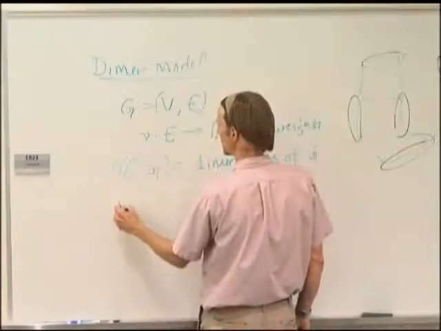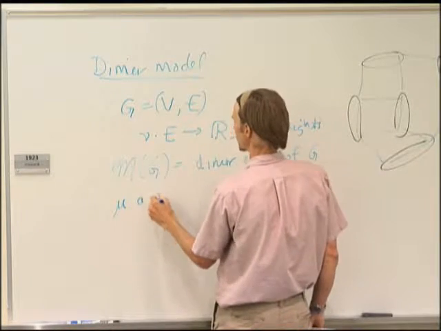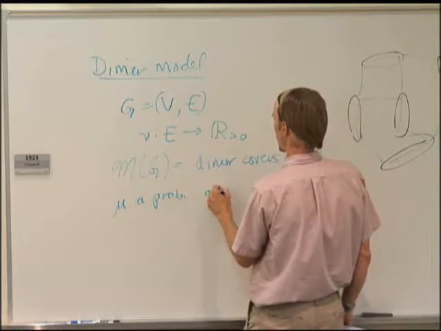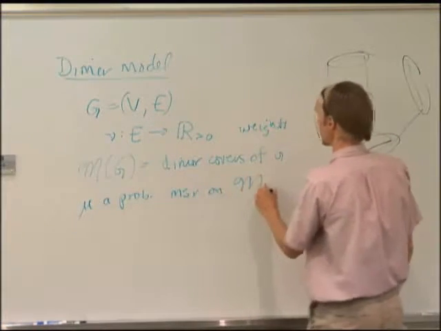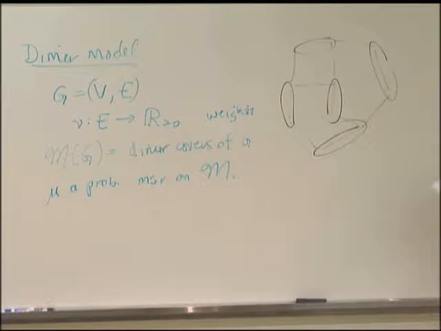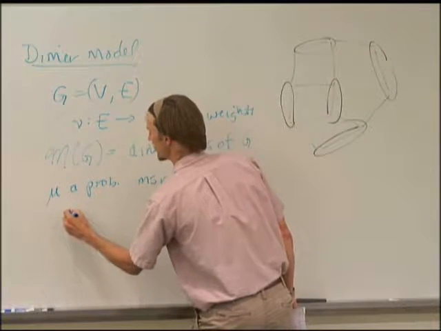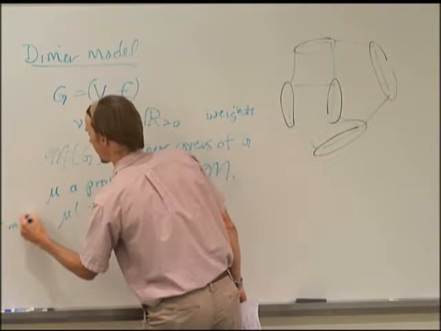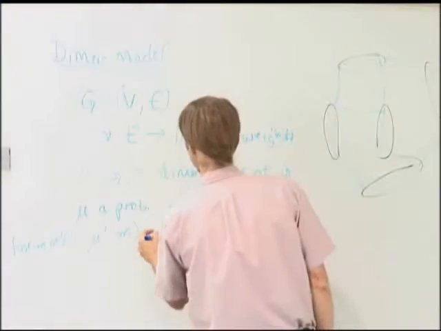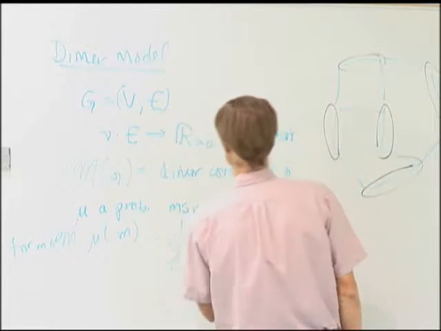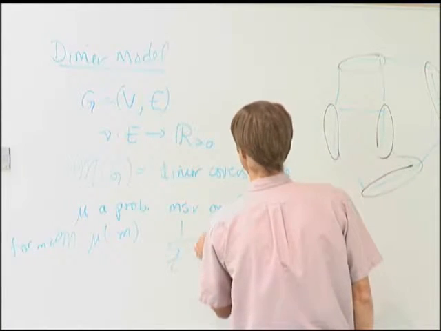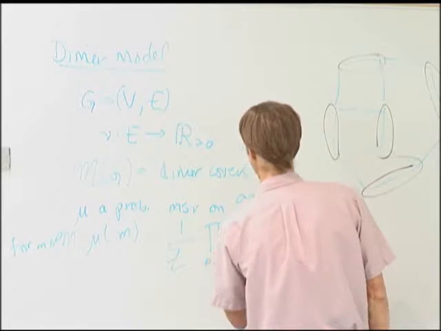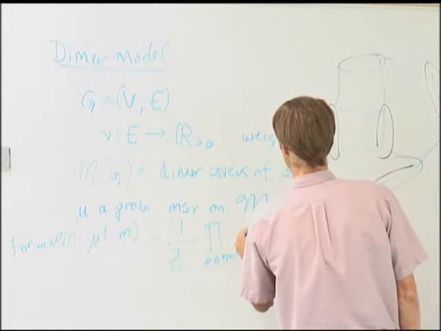So let's define the measure mu, a probability measure on M. We want to define a random matching, and each matching is weighted by the product of the edge weights it uses. So the probability of a matching M is proportional to the product over the edges in the matching of the weight of that edge.